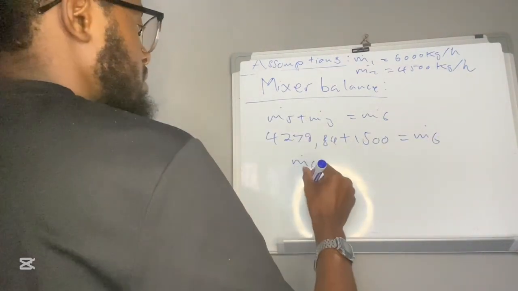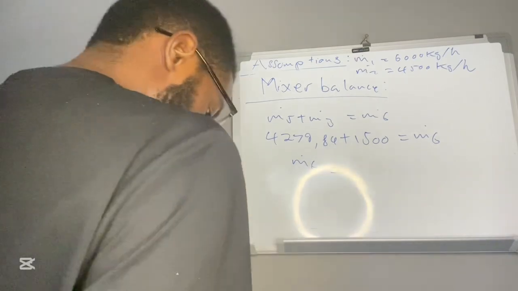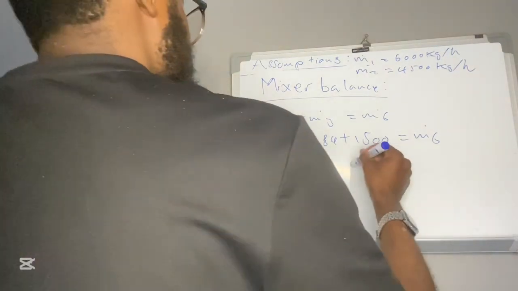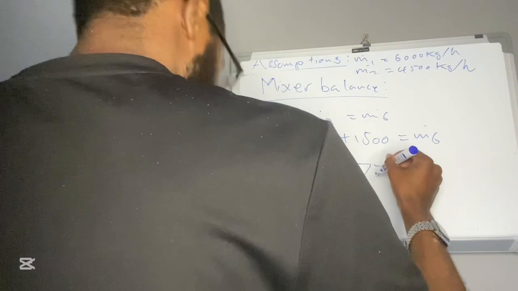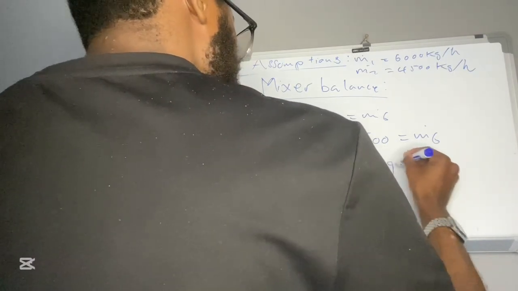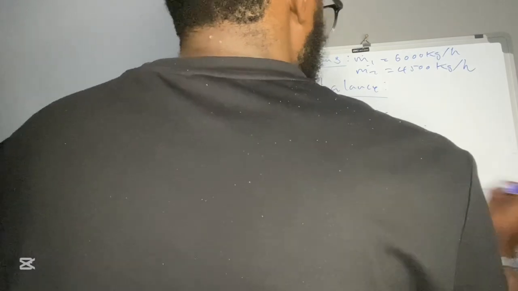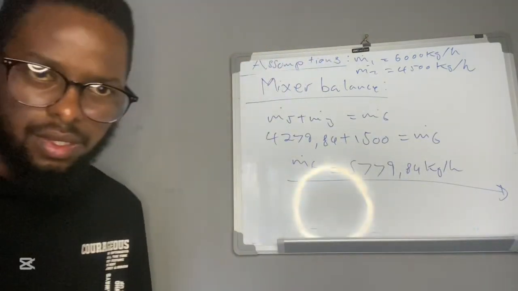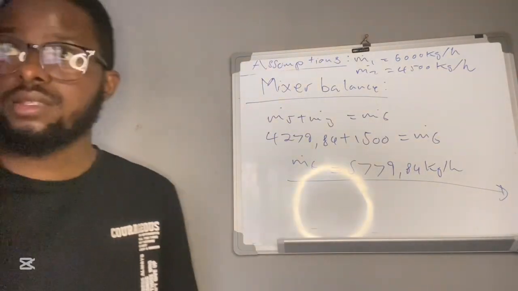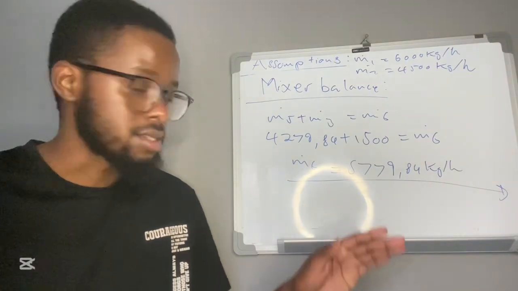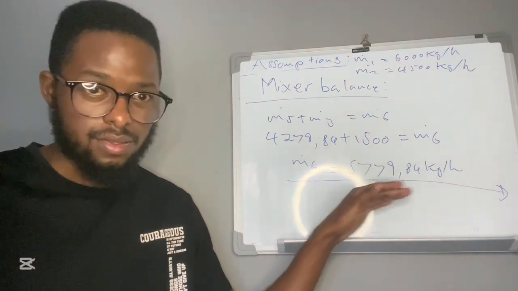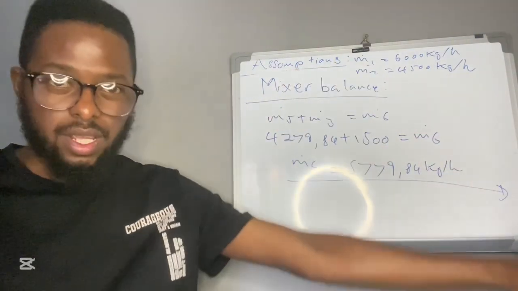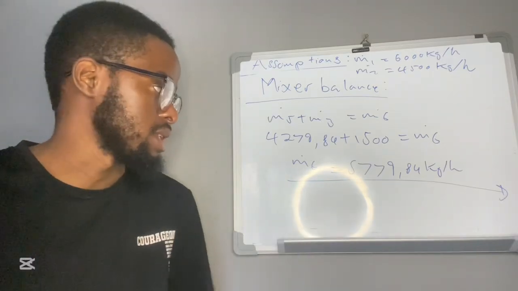So M6 gives us 5,779.84 kilograms per hour to the lagoon, right? This is how we find M6. That goes straight to the lagoon. Fine.